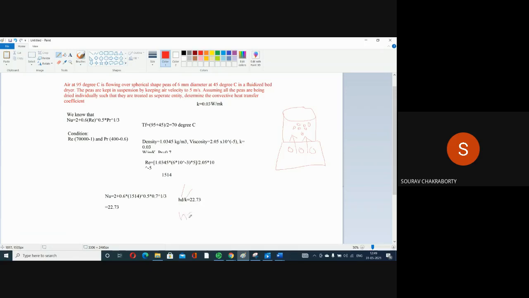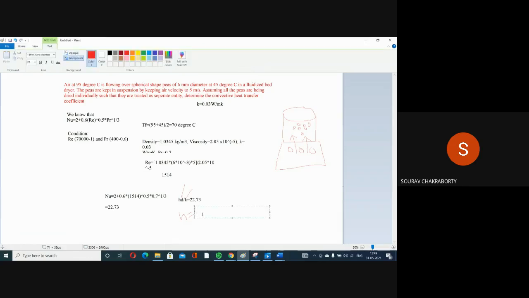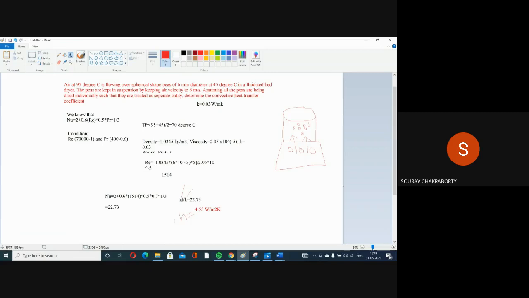After calculating, the value of h will be 4.55 watt per meter square Kelvin. In this way, for this particular case, we have calculated the value of h, that is the convective heat transfer coefficient.